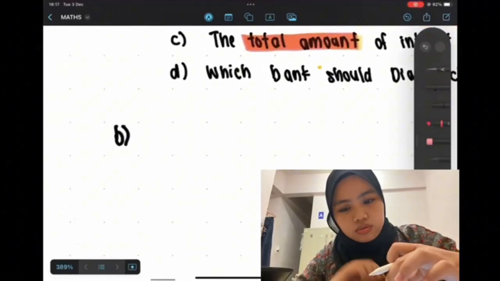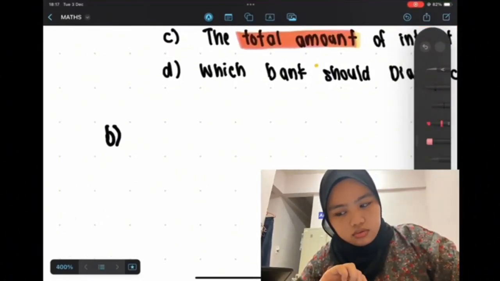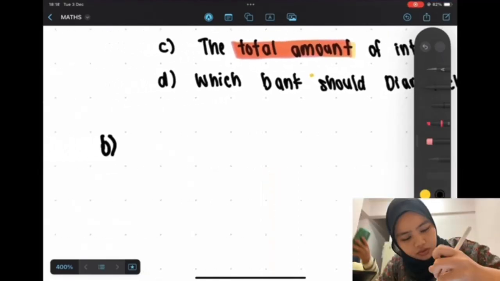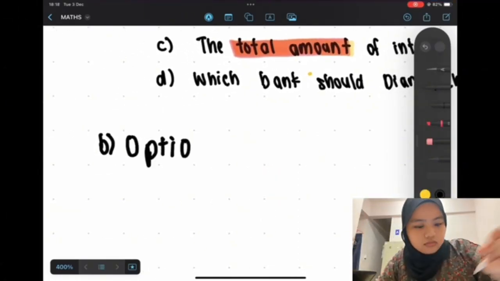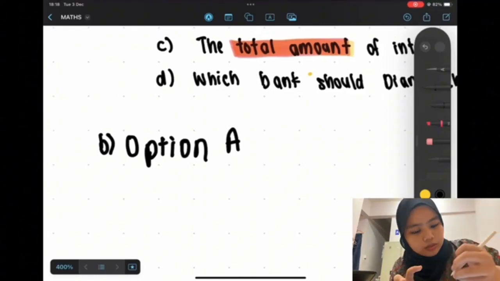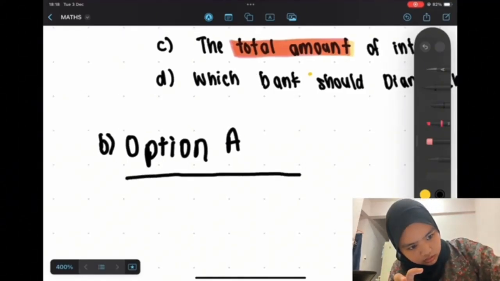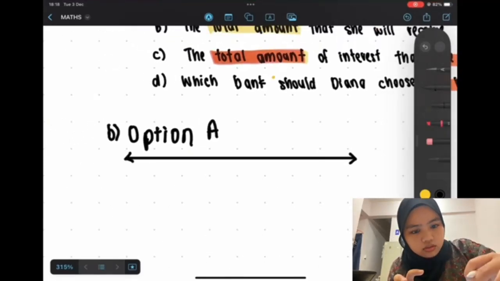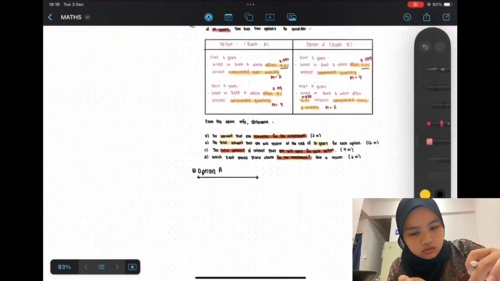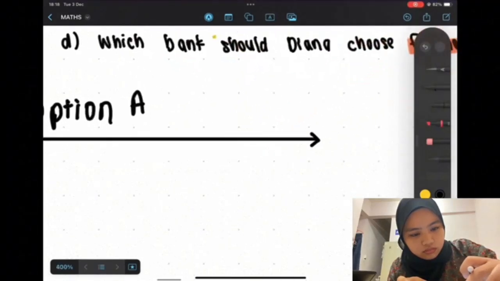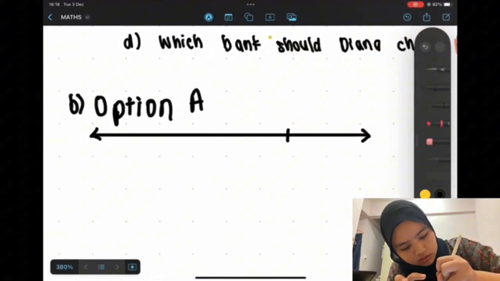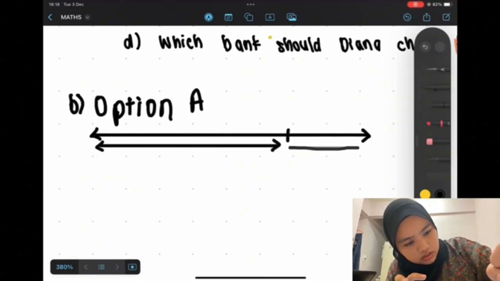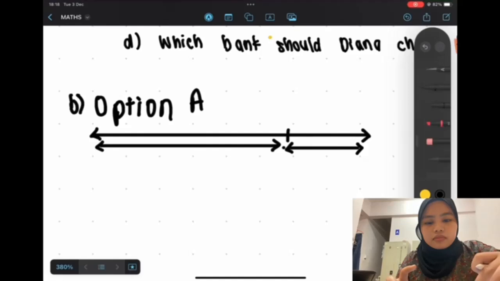So we're going to identify the amount of option A. For option A, we have to draw the timeline to make it easier to understand. This is for the first 6 years, and this is for the next 4 years, the last 4 years.